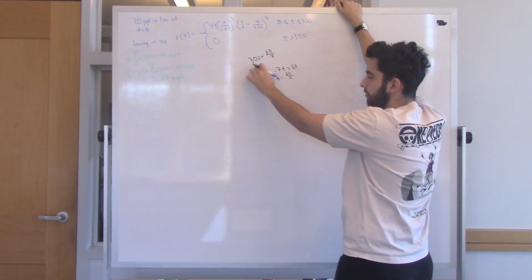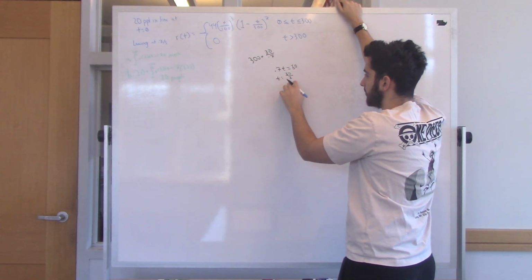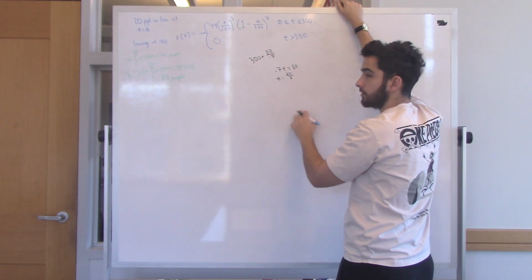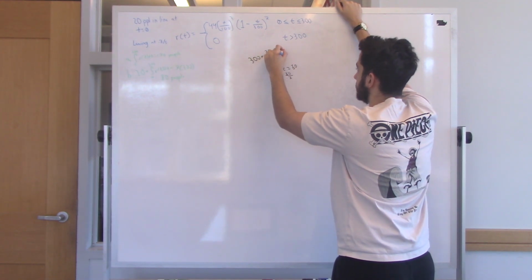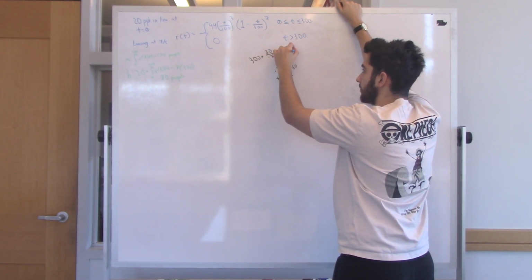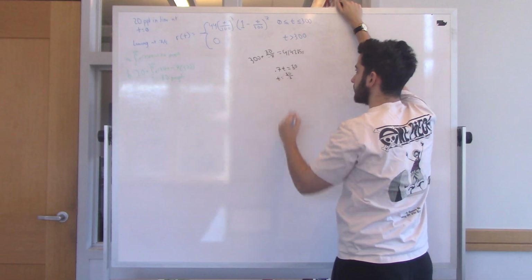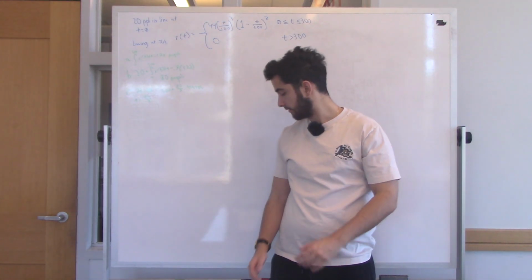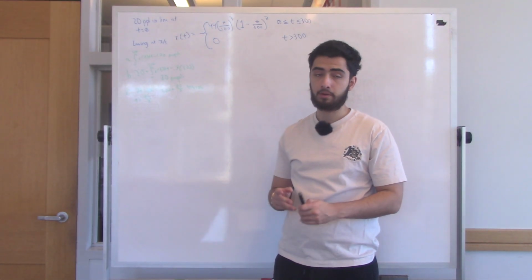So the first 300 seconds plus the amount of time it takes to lose the last 80 people in line is going to be our answer, which comes out to be 414.285 seconds.